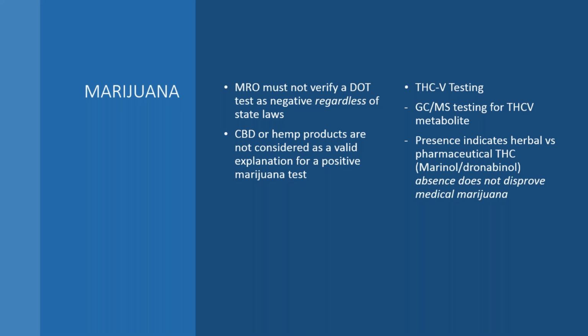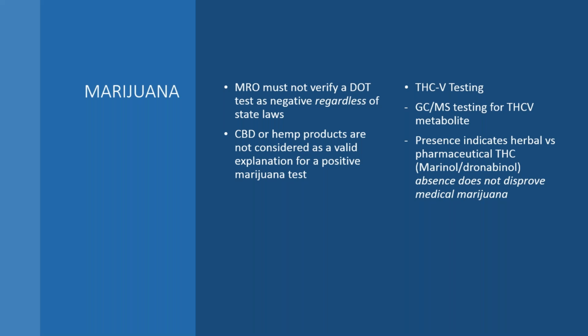Now, there is a different category. You have THCV testing. This is a different metabolite, tested by GC/MS at the lab. The presence indicates herbal versus pharmaceutical THC, which is Marinol, an actual pharmaceutical form used for AIDS, cancer, and anorexia.